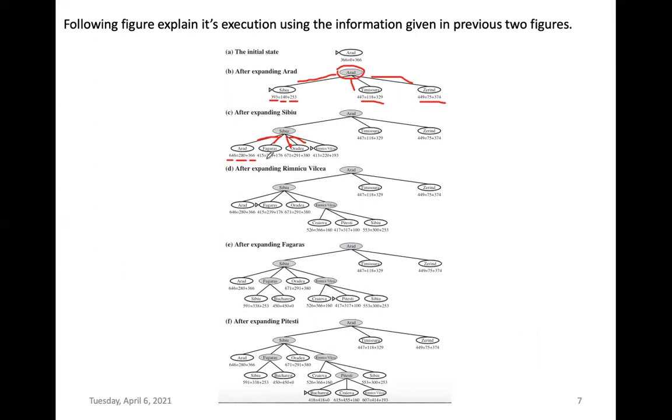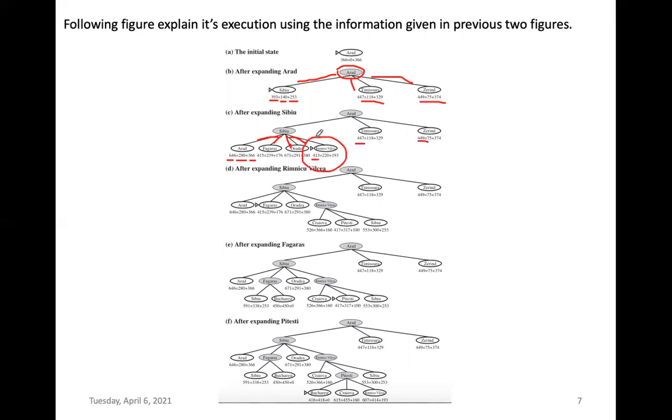And similarly, you can do this with Fagaras, Oradea, and Rimnicu Vilcea. And now you can see 646, 415, 671, 413, 447, and 449. So this is the smallest.